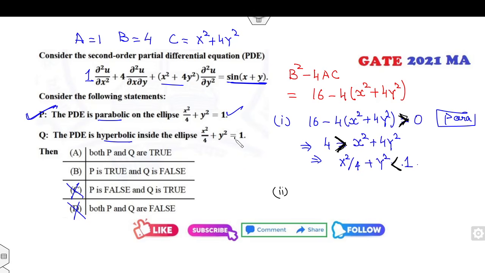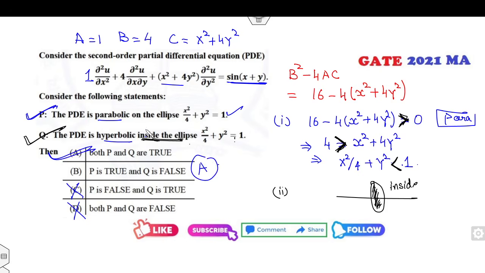But the option said inside the ellipse. Yes, what is the meaning of this? It's an ellipse and it's strictly less than 1, that means it's the inside portion. And it said inside the ellipse. Yes, this is also a correct option. Both A and B are correct answers of this problem.